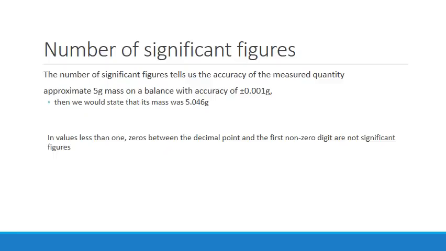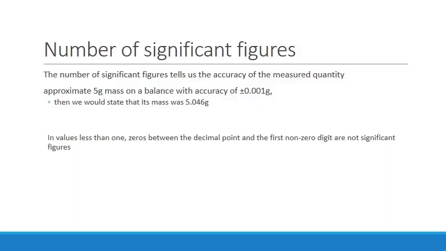The number of significant figures is significant because it tells us the accuracy of the measured quantity. If we were to get a 5-gram mass, an approximate mass, and we put it on a balance with an accuracy of, so it reads to 3 decimal places, 0.001 grams, then we would write, for example, this is just one example, that the mass was 5.046.